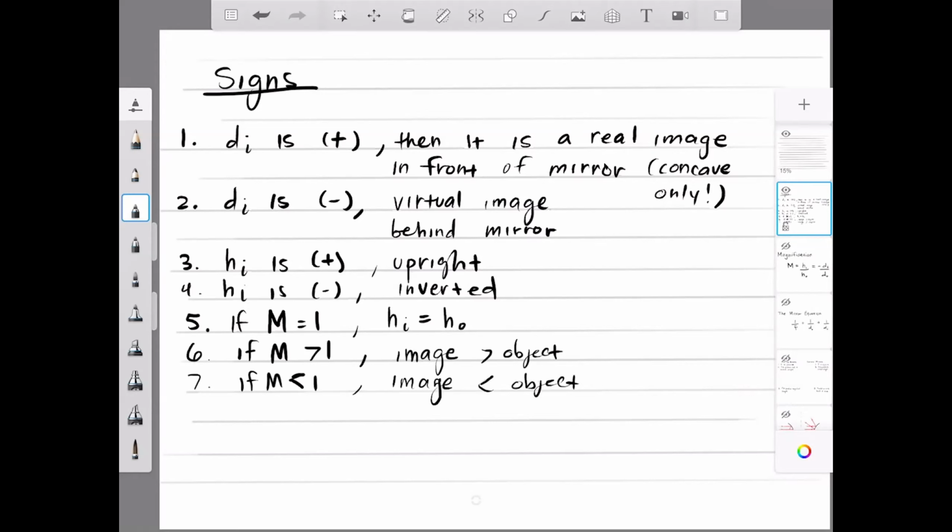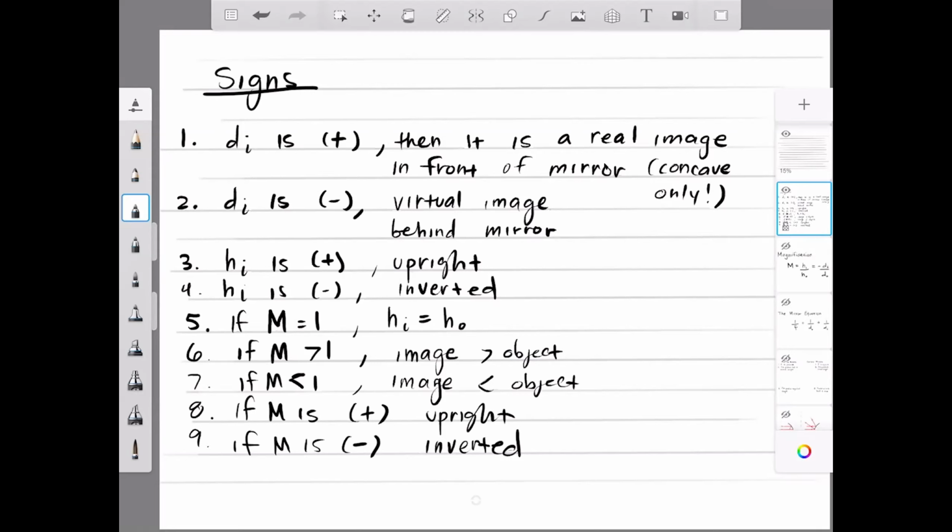And finally, the last two: if M is positive, you're going to have an upright image. And if your magnification is negative, it's going to be inverted. So those are some rules about the sign.